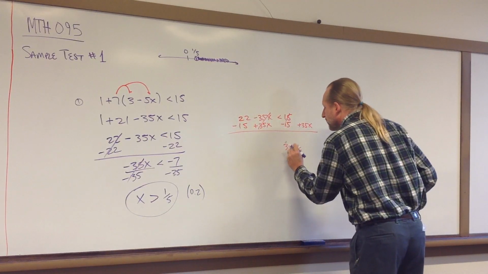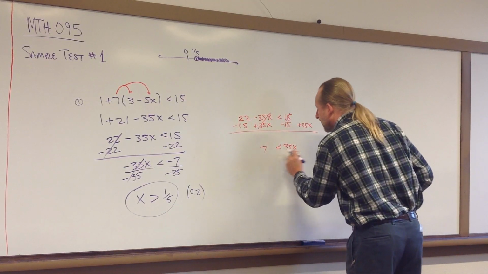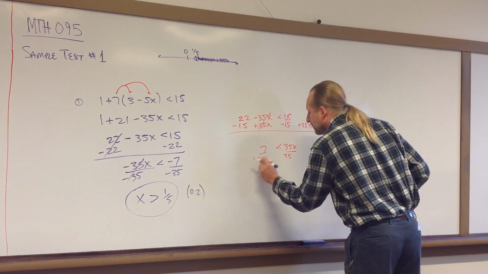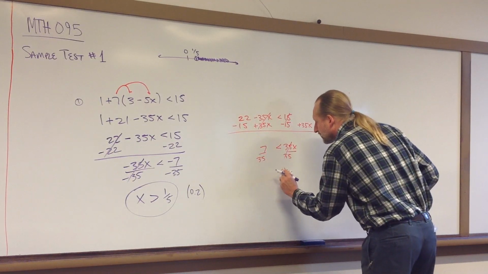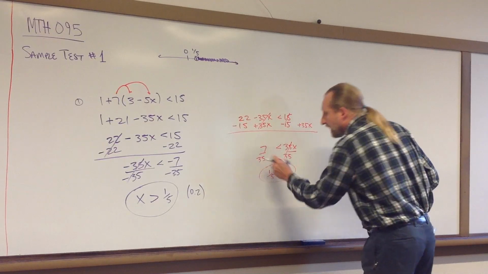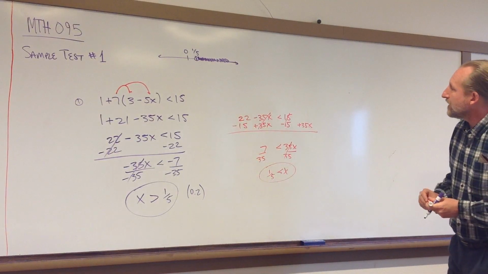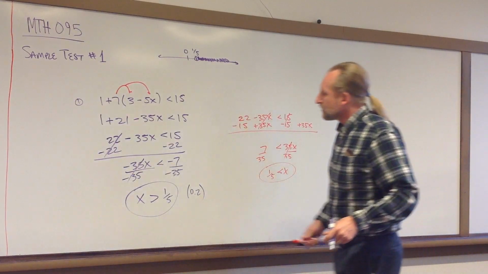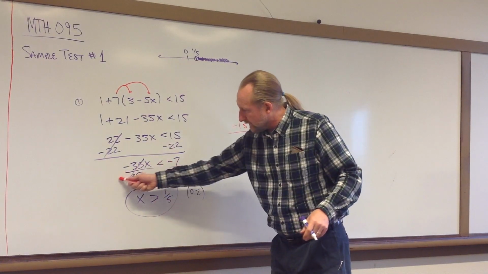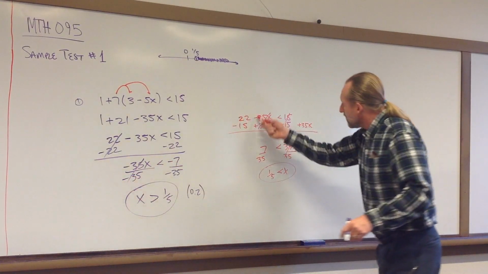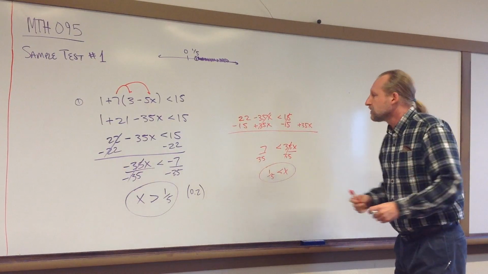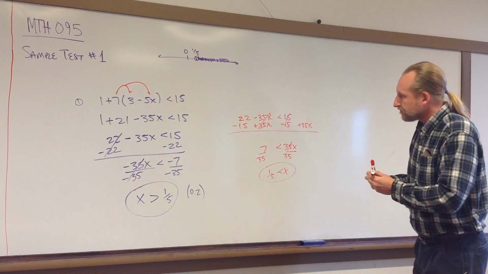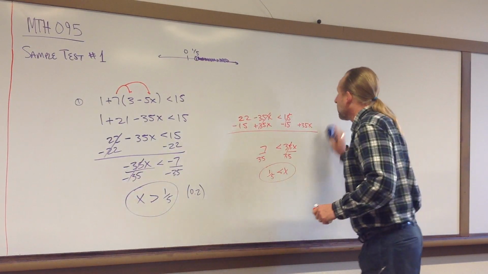So now you've got 35x greater than 7, and this just avoids having to flip that symbol around. You still get x greater than 1/5, still the same answer. But in the first one, remember, we had to flip that around because I divided by a negative. Here, if you move it to the other side, then we don't have to flip it around. Okay, that's problem 1.